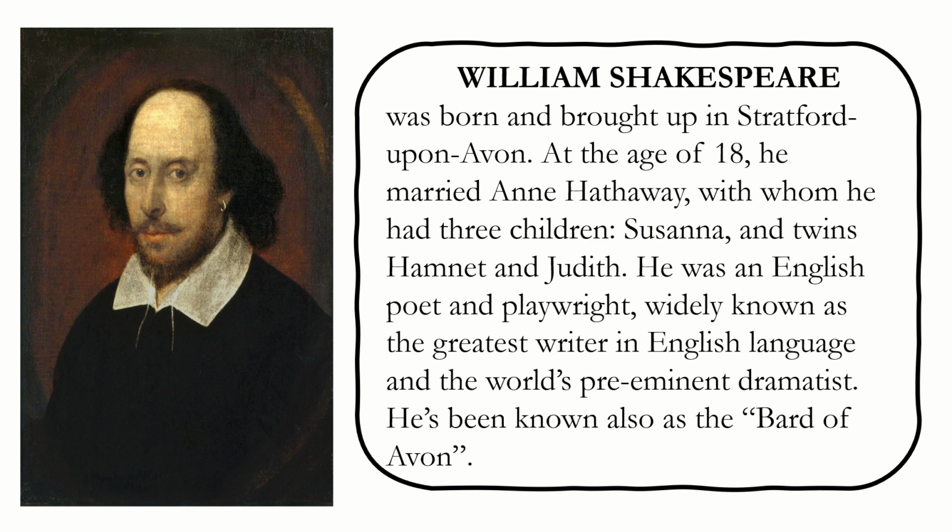His existing works consist of about 38 plays, 154 sonnets, and two long narrative poems. Romeo and Juliet is Shakespeare's most famous tragedy and one of the world's most enduring love stories.